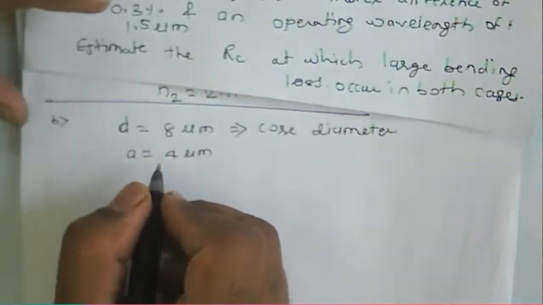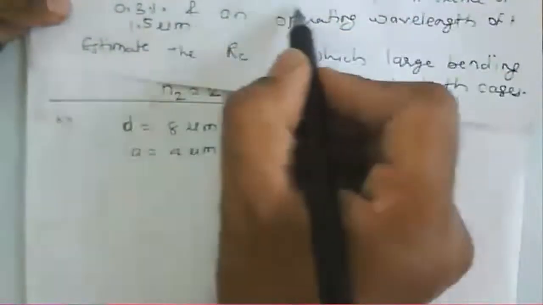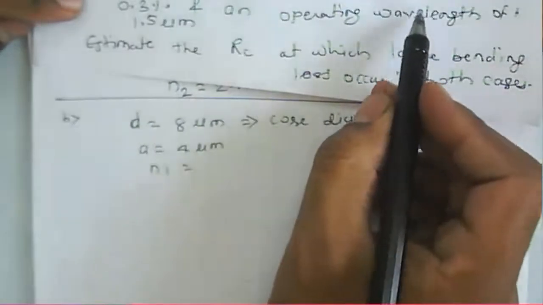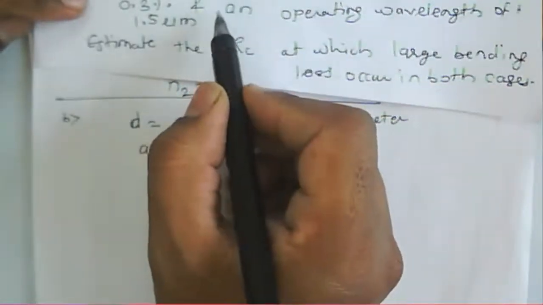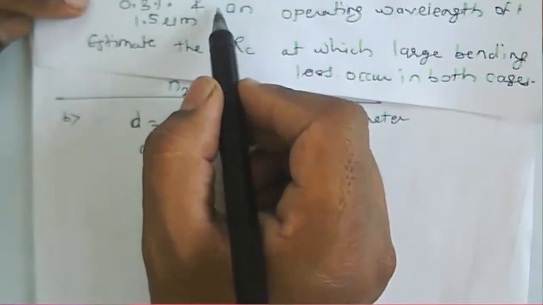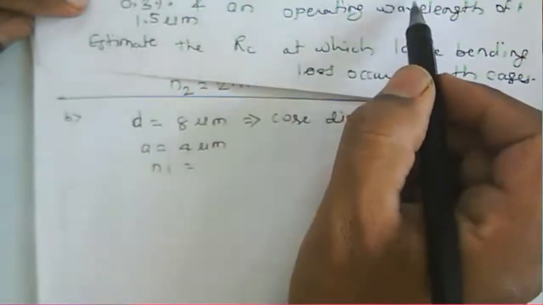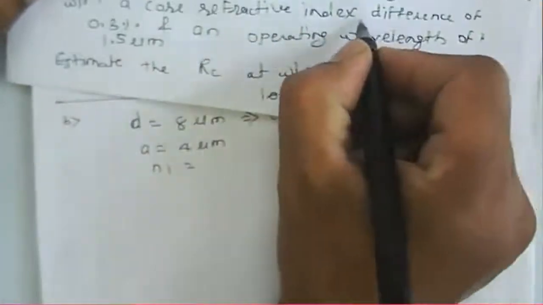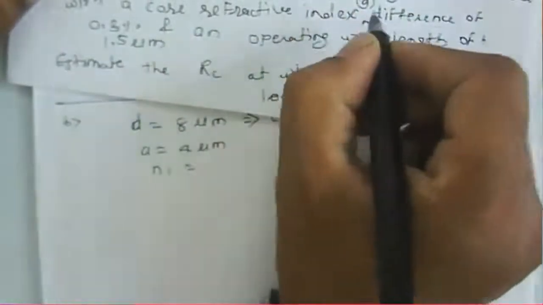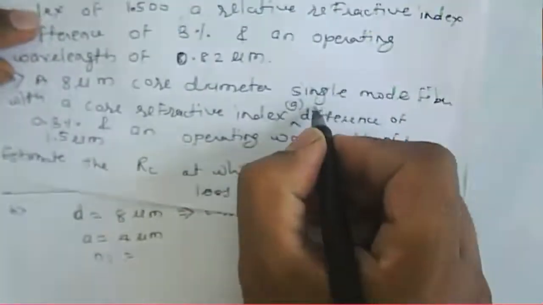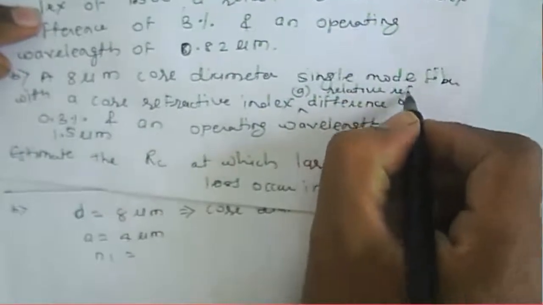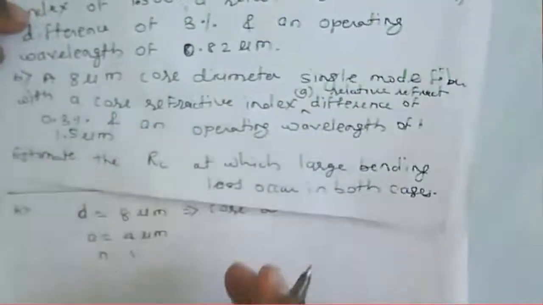Then a core refractive index N1. Sorry, the core refractive index, no, that is about statement. Core refractive index is same as above A, and the relative refractive index difference is about 0.3%.